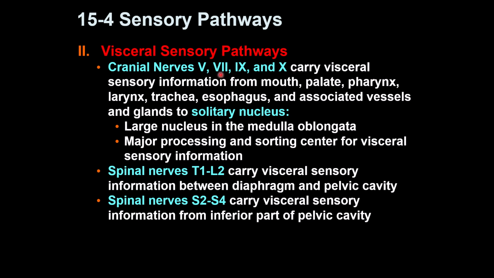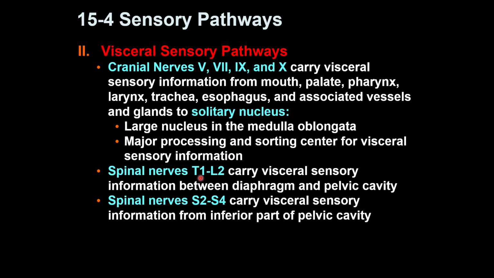Cranial nerves 5, 7, and 9 are located mainly in the face and neck, and cranial nerve 10 is located in the neck and thoracic area. All of them end up in the solitary nucleus. This nucleus is located in the medulla oblongata, and from there information goes to the thalamus.